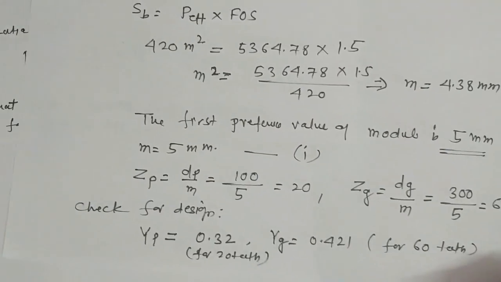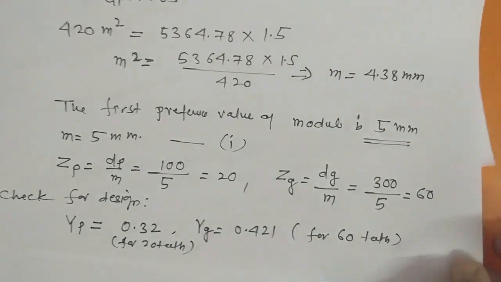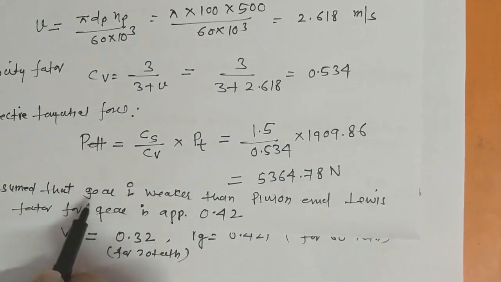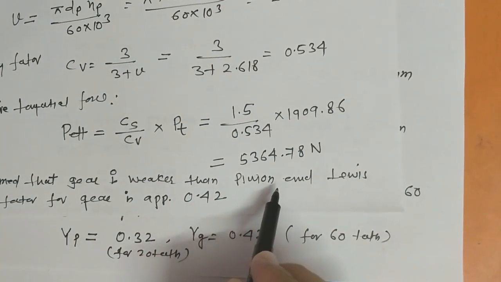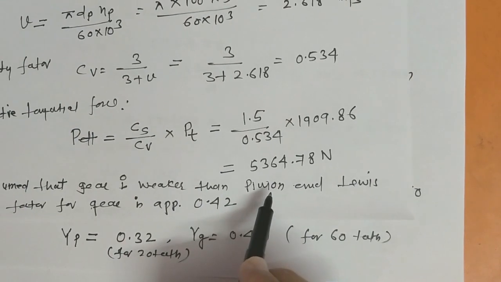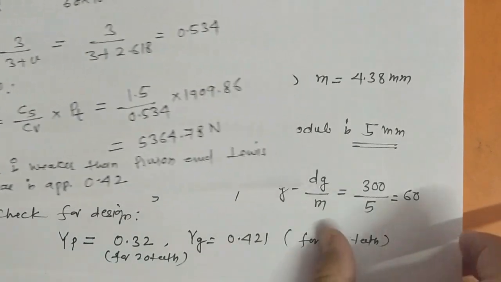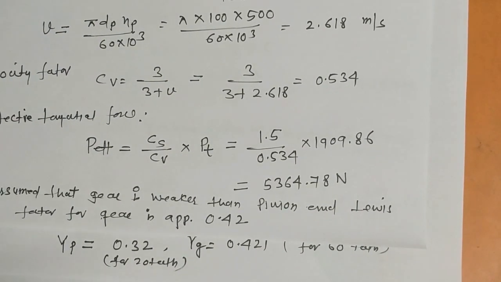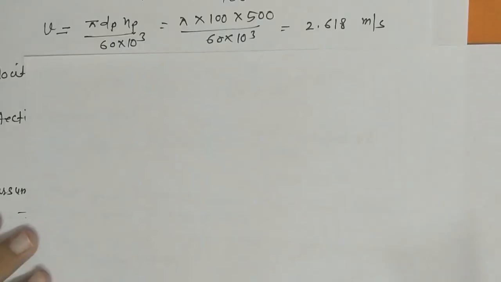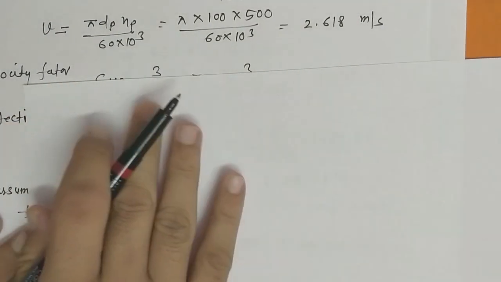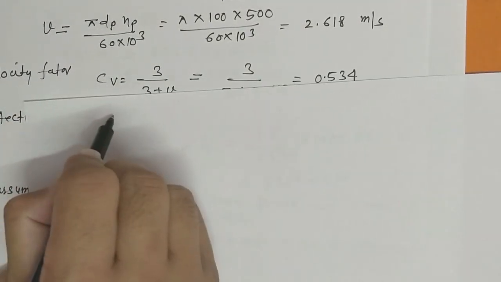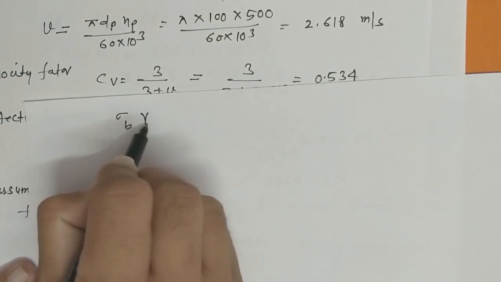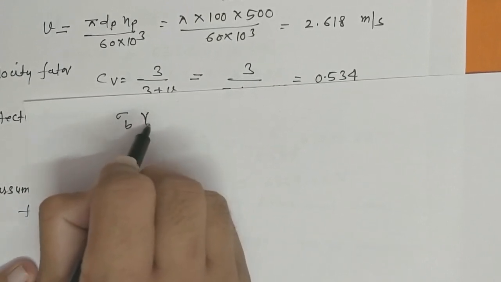One more thing, it is assumed that the gear is weaker than the pinion. Now we'll check whether this assumption was right or wrong. For that, as I told in the lecture, the weaker gear will have the smaller sigma b multiplied by y.